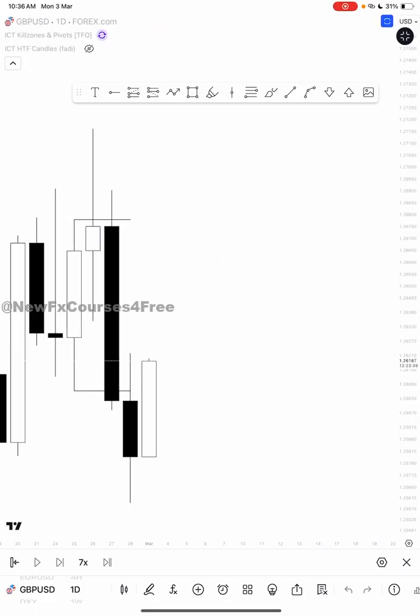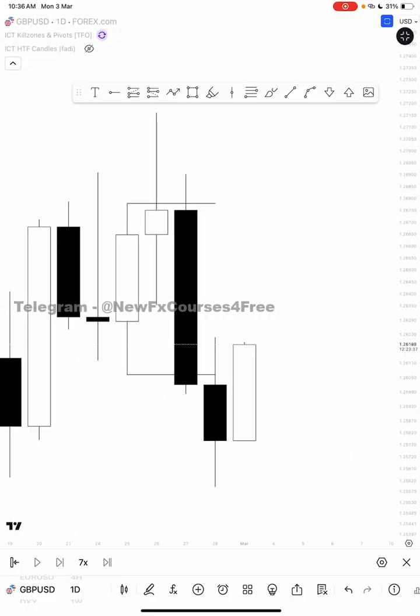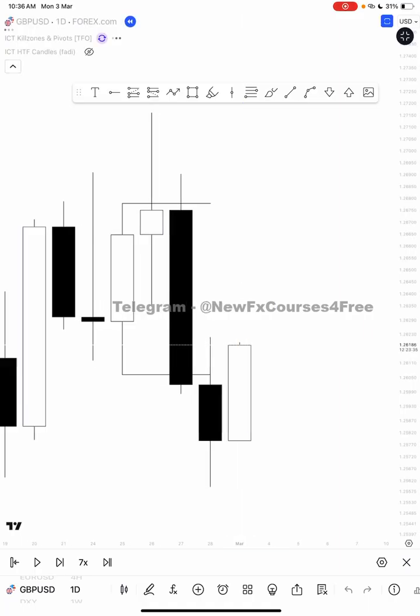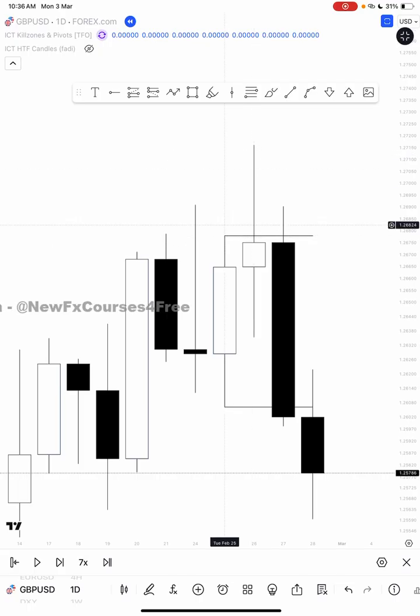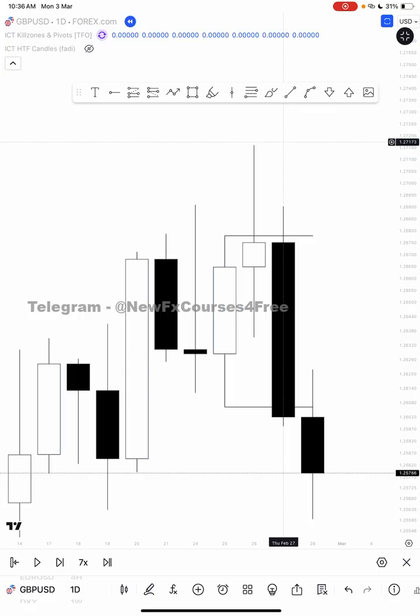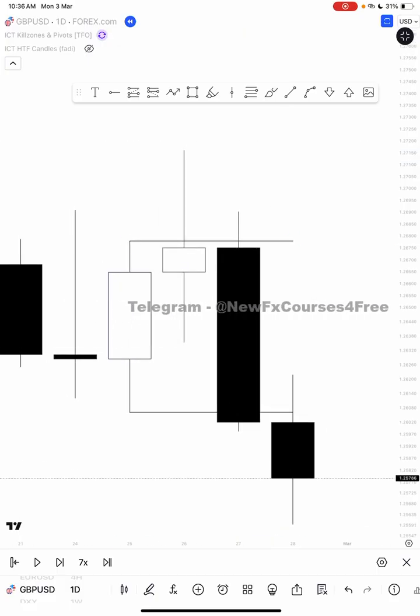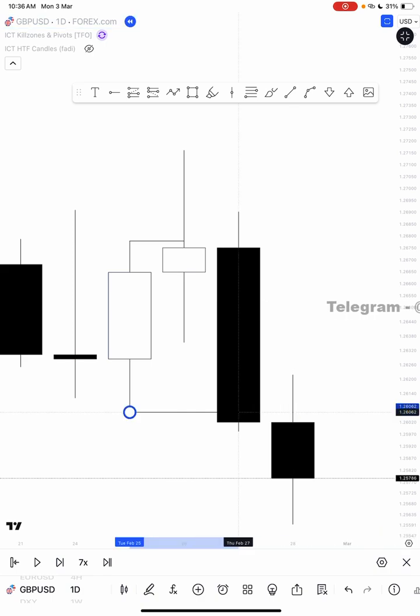Sweep below, wick above here, you got your wick above, then your close back into the range. This candle close back into this range, wick above, close back into the range. Remember your daily buyers video, close back into the range. You can target your range high.